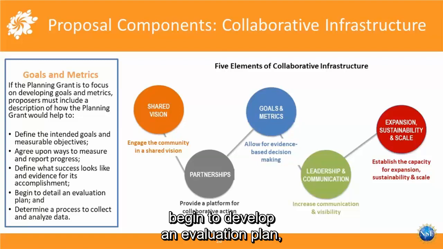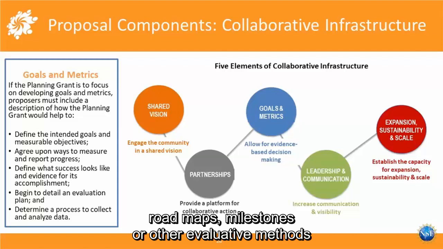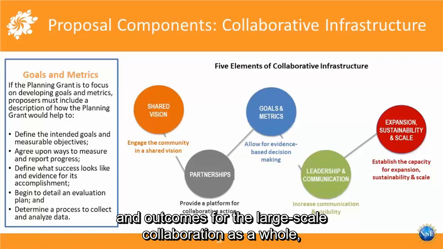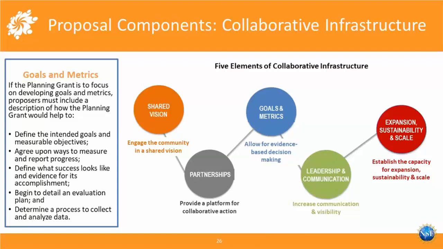Begin to develop an evaluation plan, including benchmarks, indicators, logic models, roadmaps, milestones, or other evaluative methods to document progress towards goals, objectives, and outcomes for the large-scale collaboration as a whole, as well as for each of the partners.